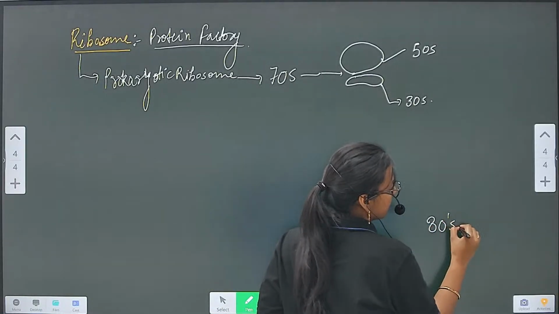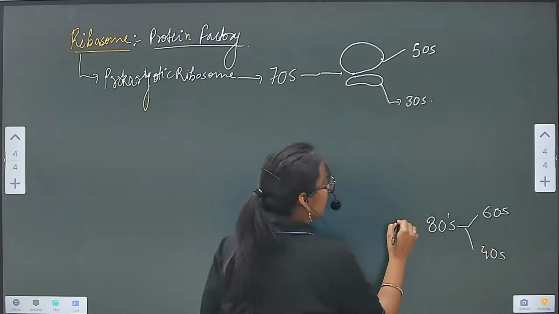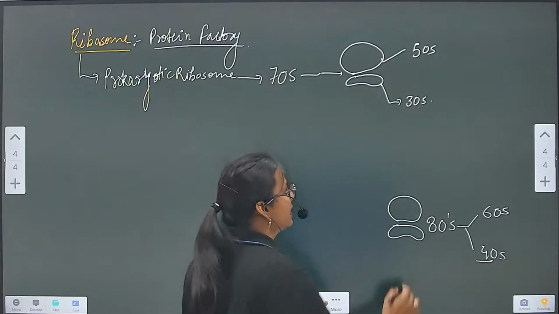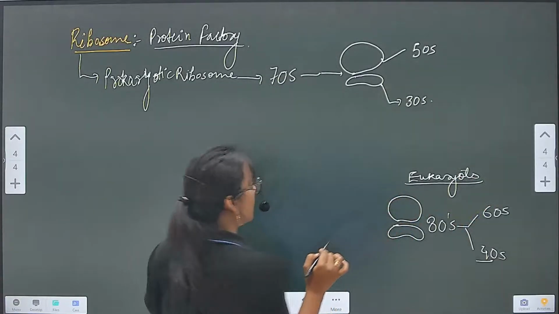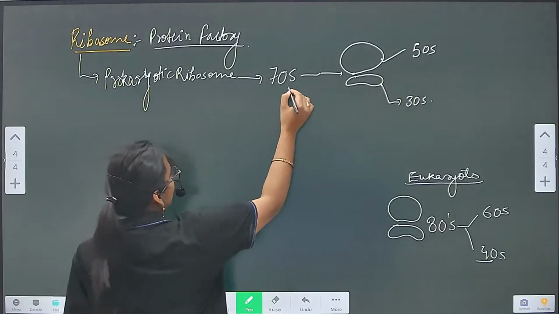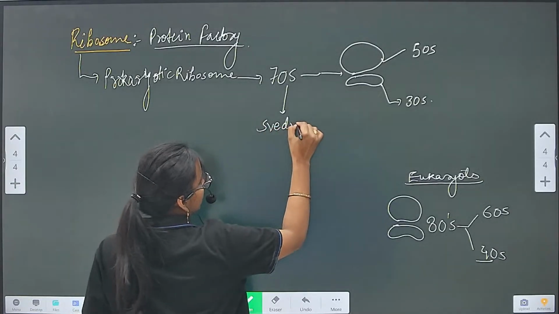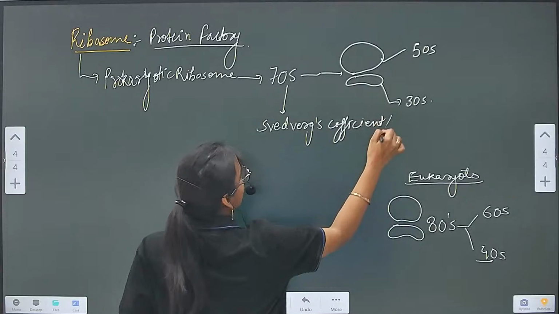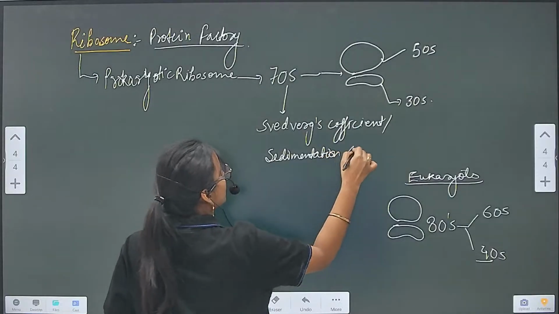You can write it down separately. There the units are 60S and 40S, with two subunits, the larger 60S and the smaller 40S. Is that clear? But this is for eukaryotes, whereas this is for prokaryotes. The S stands for Svedberg's coefficient, or sometimes we also call it the sedimentation coefficient.